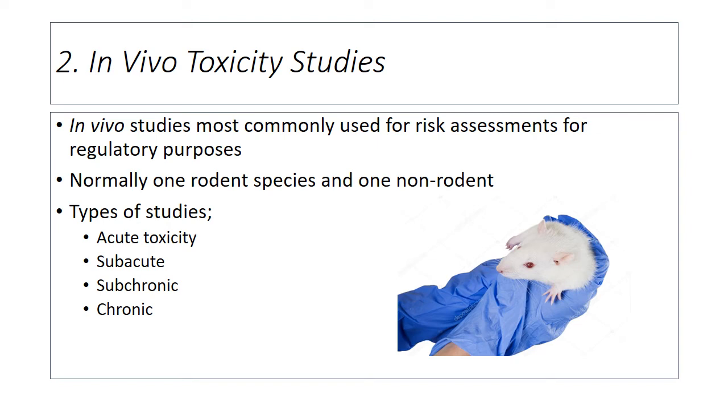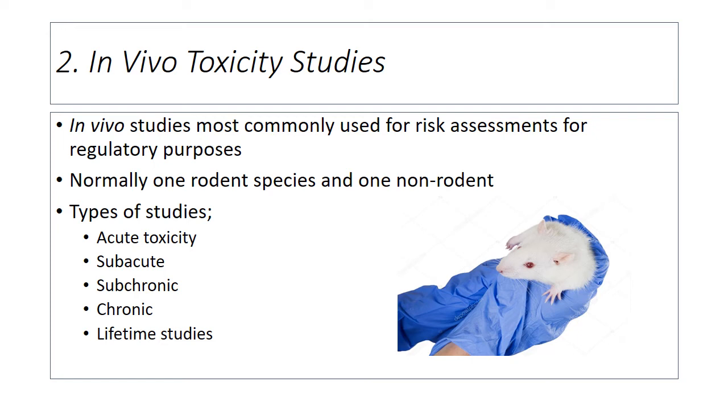So subacute ordinarily would go up to 28 days, could even be 30 days. Chronic would be anything that is above 6 months. Then you do have lifetime studies for compounds which you expect someone to take for the rest of their life.